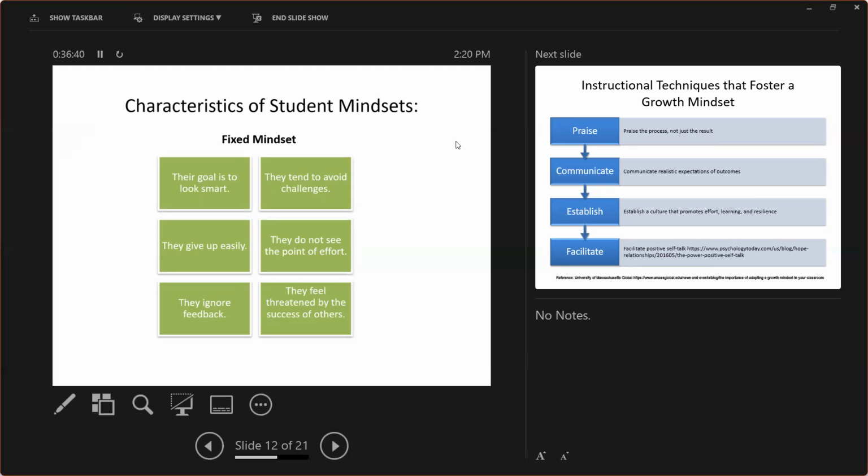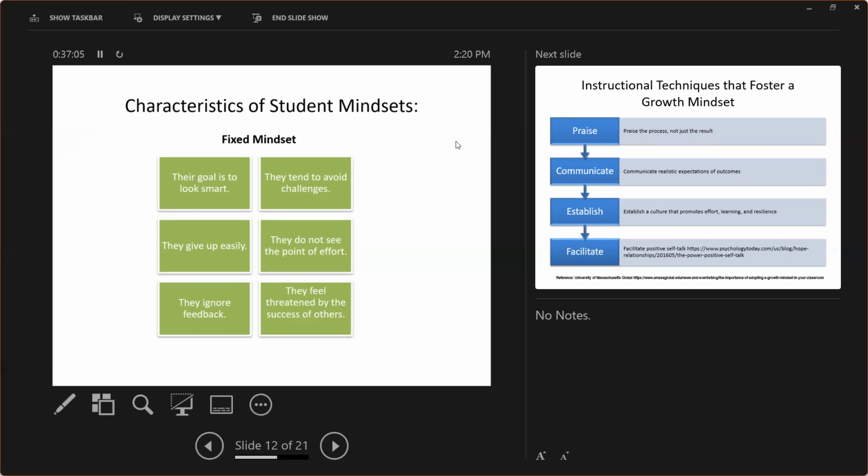And because somewhere in their mind, they don't believe that they can do it, then they might not see that there's a point to their effort, that they would work really, really hard and just never, they don't believe that effort would produce mastery. And they might not look at the feedback, and they might feel threatened by the success of others.